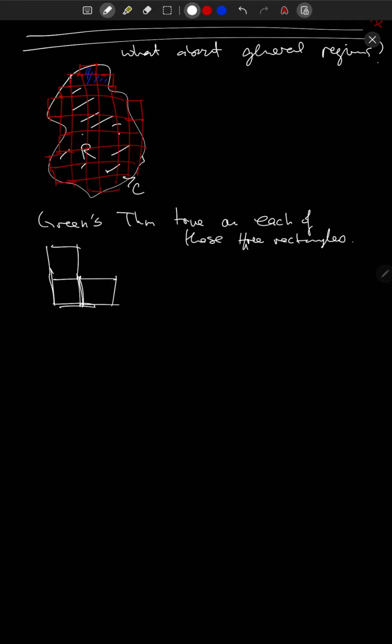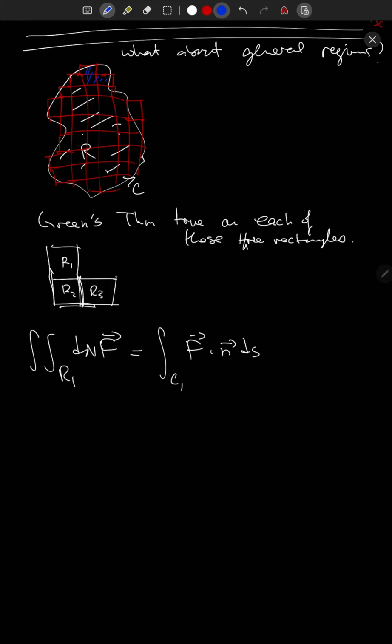So on the first rectangle, let me write them all down. The double integral over R1 of divergence F is equal to the integral on its boundary, let me call this C1 for now, of F dot n ds. But I'm going to break this up into its component pieces.